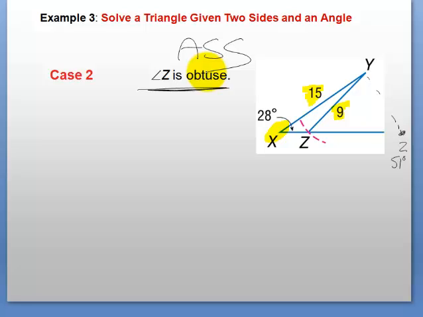Now, the question is, how do we find this obtuse angle? Well, we're going to use some skills from geometry. If we think of that first case, triangle, it's right here. That's a 9. Well, we're taking that 9 and we're swinging it to the left.